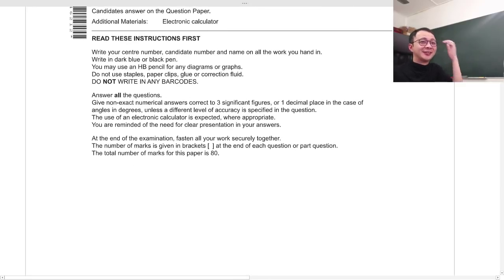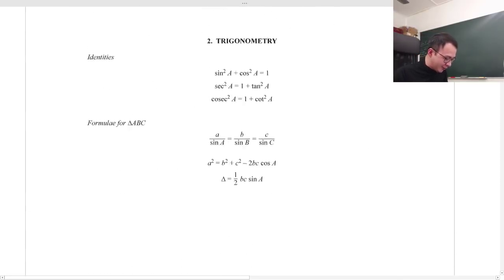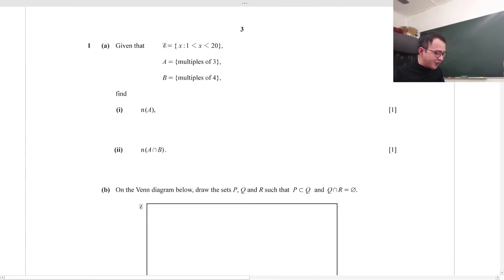Right, so let's have a look at the first question. The first question tells you set A is multiples of 3 and set B is multiples of 4. Whenever you want to do all this set work, always check the universal set. The universal set here is from 1 to 20. The important tip is to check this sign without the equal, so the universal set does not include 1 and 20.